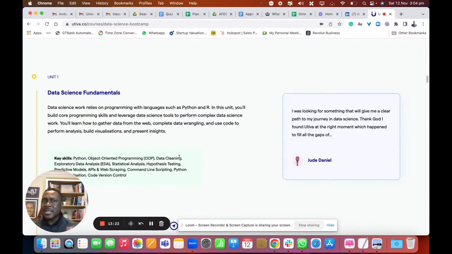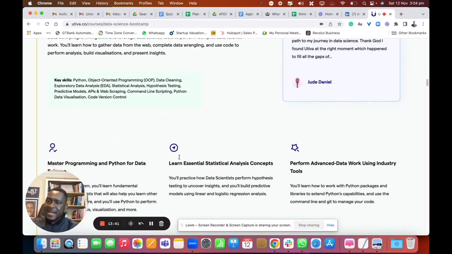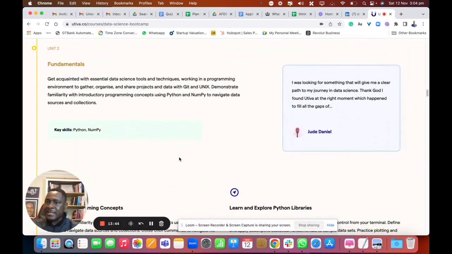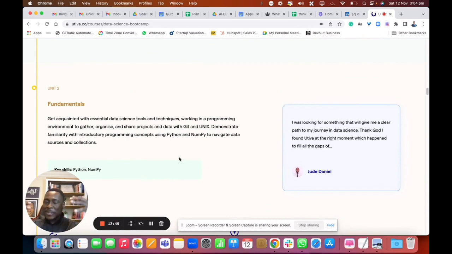Now, the training usually starts with the fundamentals of data science. So you start from the very basic. Every Utiva learning program starts from the basic, the fundamentals of data science. That's where you're starting from. And then you progress from the fundamentals of data science to fundamentals of Python, fundamentals of SQL, fundamentals of Power BI, fundamentals of Microsoft Excel, very fundamentals.